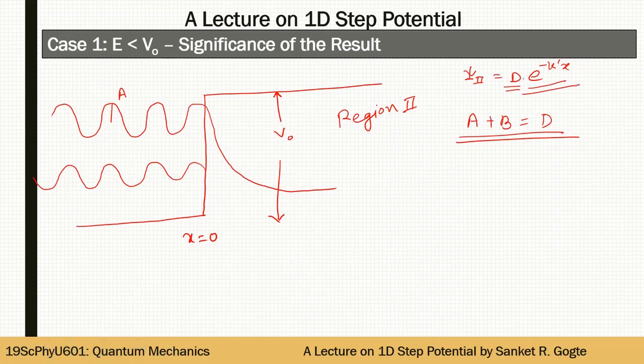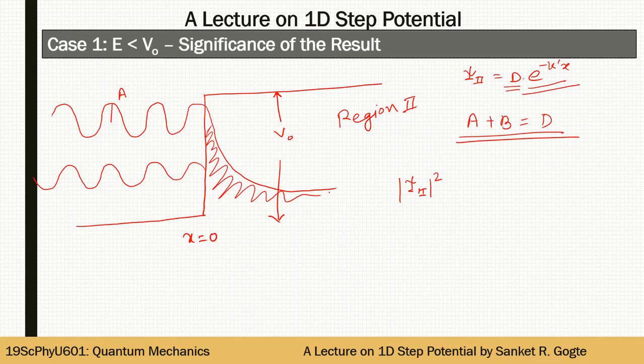But remember that mod psi 2 square is the probability density of finding the particle, and you can see now that even in region 2, in the so-called classically forbidden region, there is a finite probability that the particle is found there.